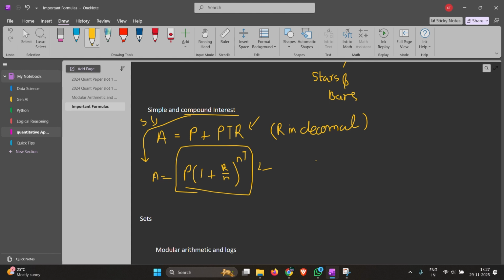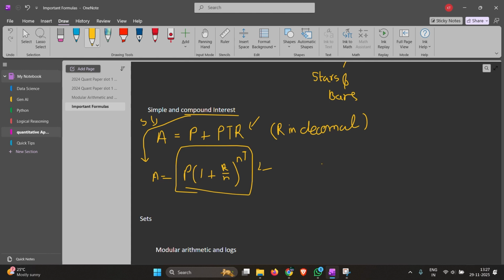And also a nice formula to remember is, let us say you have a question where one person invested some amount in the bank for 5% rate of simple interest for some amount of time, and another person invested the same amount in another bank on the same rate of interest but compound interest.